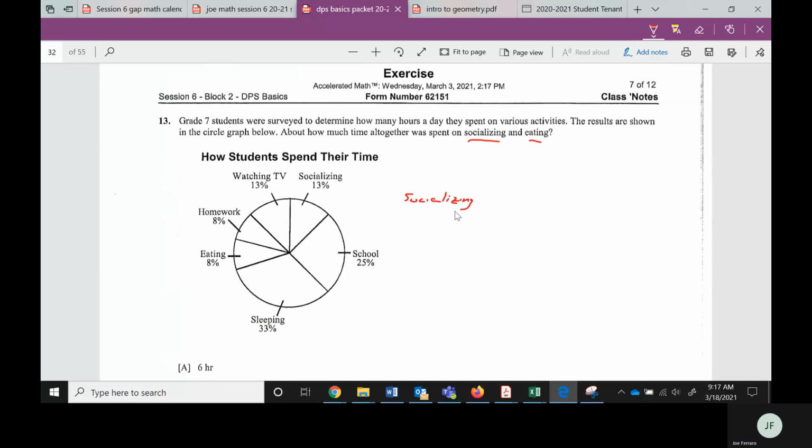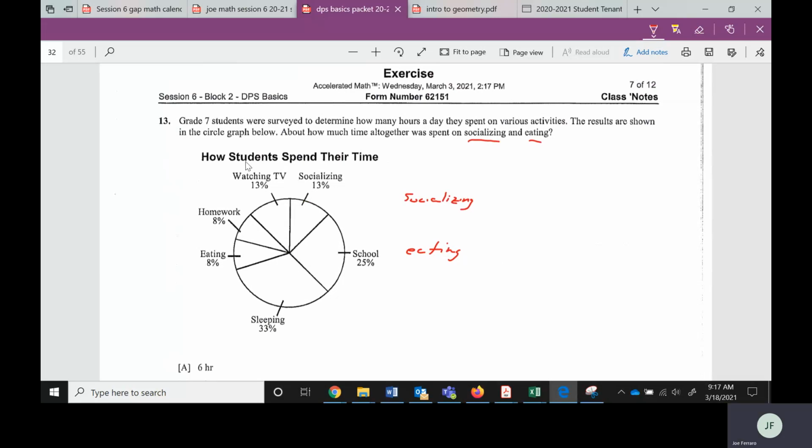Socializing and eating, and we got to find out how many hours they spent doing those 2 and then add them together. Okay, so now the first thing we need to know, if we have these percents, is what's the total. Like the other problem we did, there was $700 total.